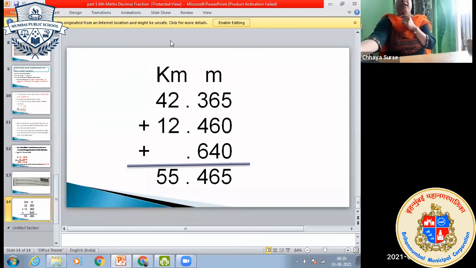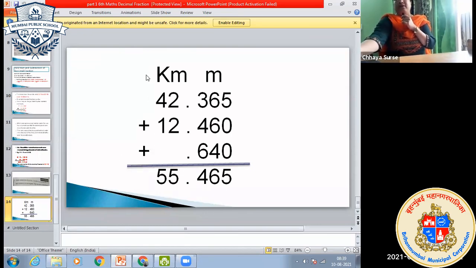In this way, the word problem we added the kilometers and meters. In the decimal, 55 are the kilometers and 465 after the decimal point are meters. How much distance altogether? That's why we added the numbers.